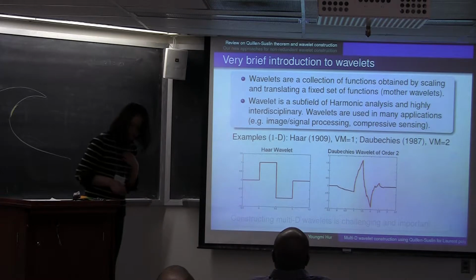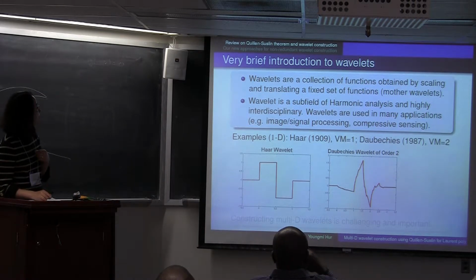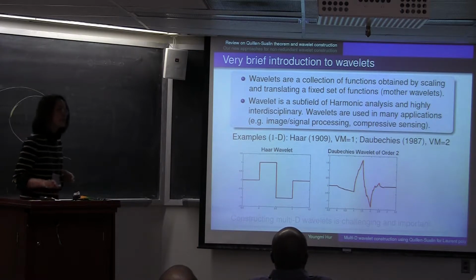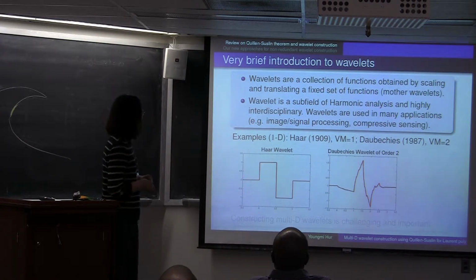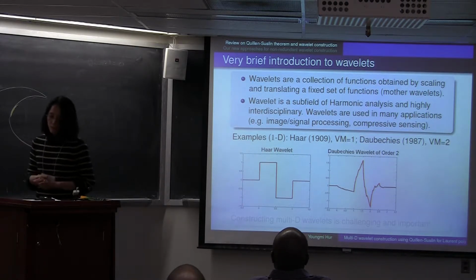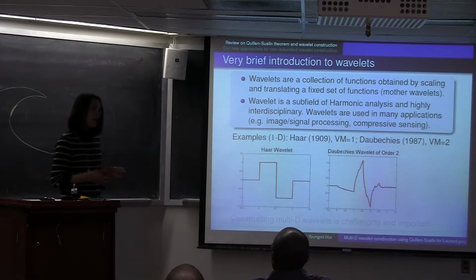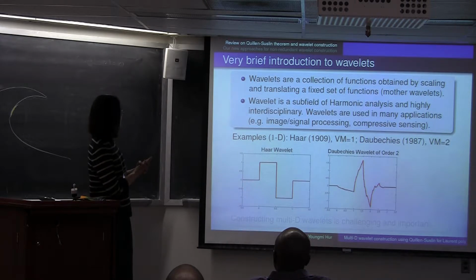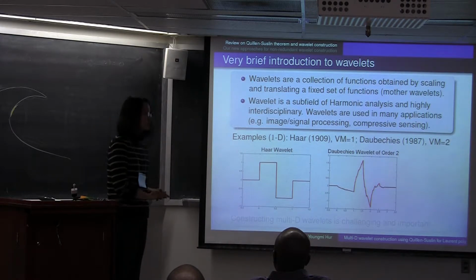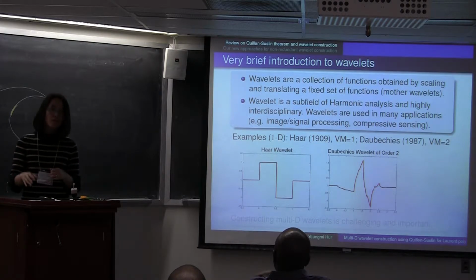So by now, constructing wavelets in the univariate case is actually well studied in most cases. And in the multi-dimensional case, the easiest and simplest method is just to use the tensor product of one-dimensional wavelets.